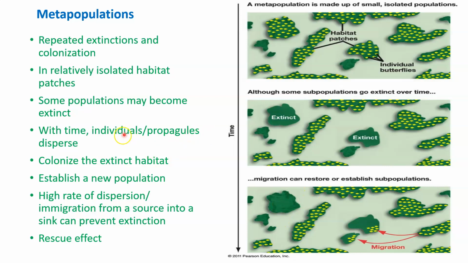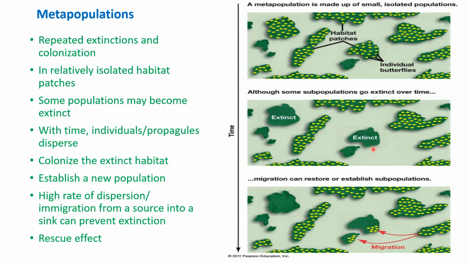So the point is, if propagules or individuals establish themselves with time through metapopulation interactions in these empty vacant habitats, those founding individuals will become the first colonizers of the extinct habitat, and they will establish a new population.